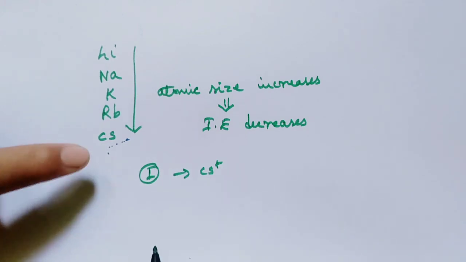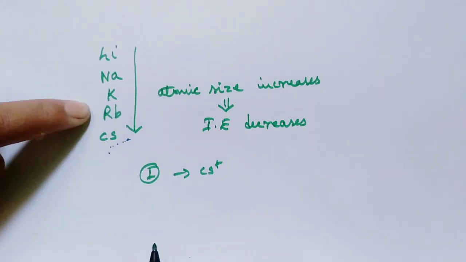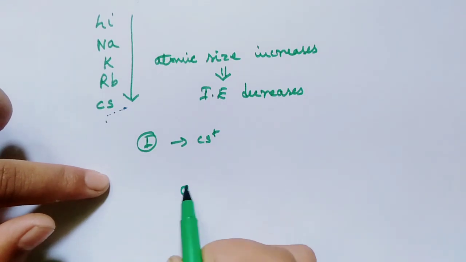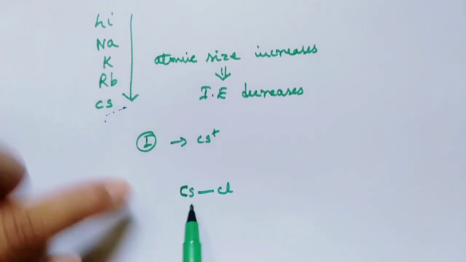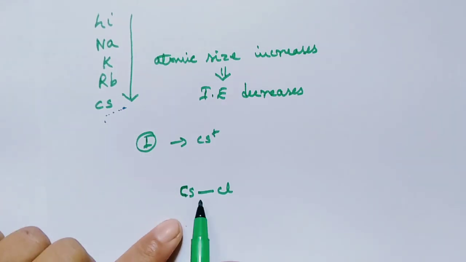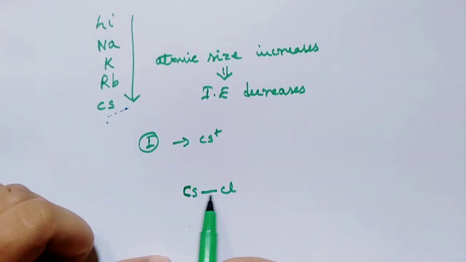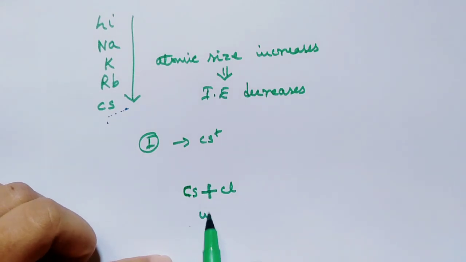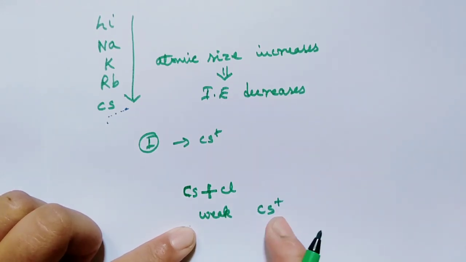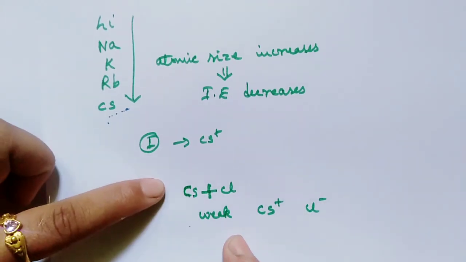Since the size of cesium is more, in cesium chloride the bond between cesium and chlorine is large. If it is large, what happened? It is weak. That's why it can easily give Cs plus and Cl minus, which shows the ionic character of cesium chloride.